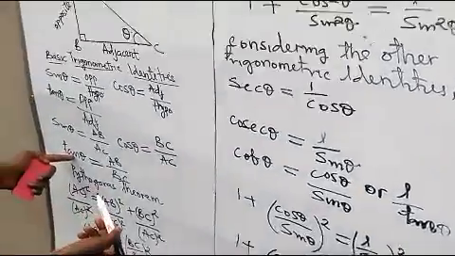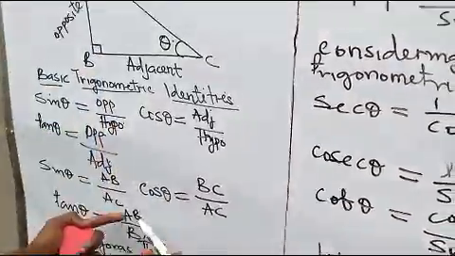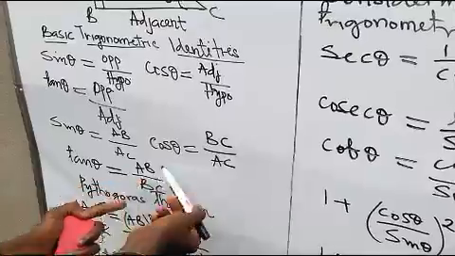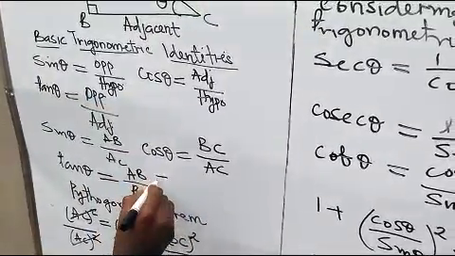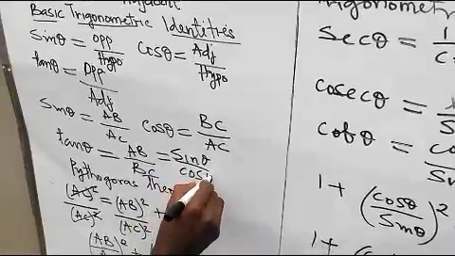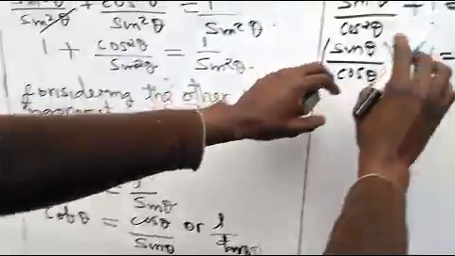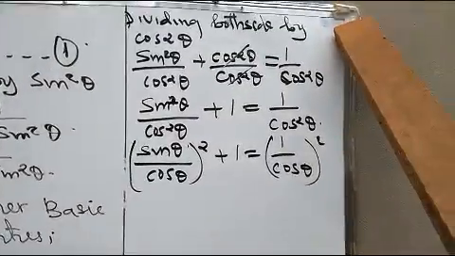Now sin theta on cos theta is simply tan theta, which is opposite side AB on BC. Now we can take our trigonometric identity and substitute in our equation.